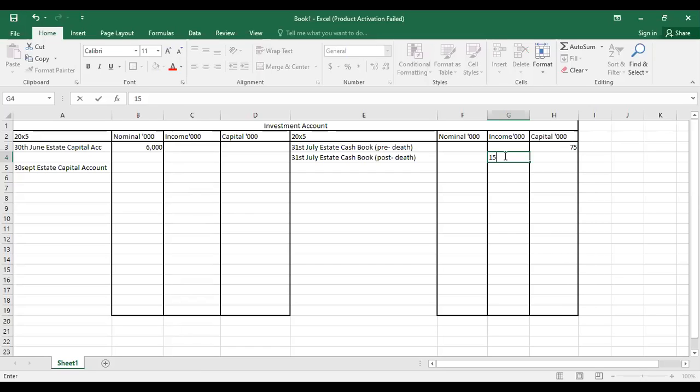It was paid 31st July, so what about the period between 1st August and 31st January of 20x6? We are going to have an interest due. Think about it. So it's going to be for 6 months again.